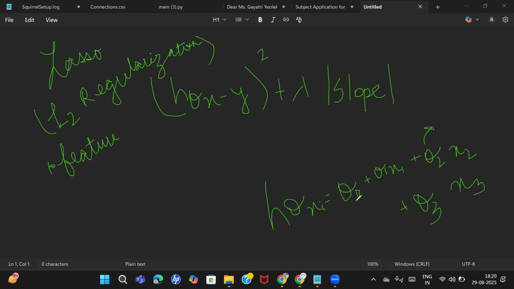We are adding the slope, taking the mod, and ultimately summing up these things. If the value of slope is very, very small, our feature will be neglected, right? So here it comes to the end of lasso and ridge regression.